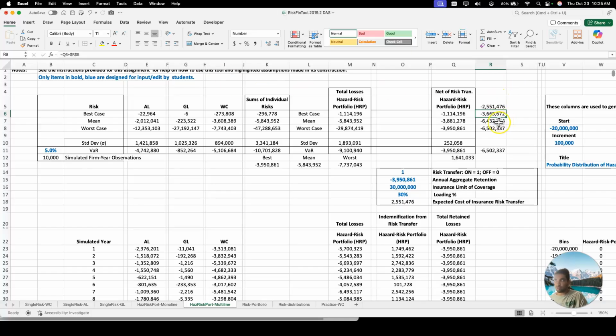Because it's a cost to the firm, you are adding negative 2.55 million to each of these net of risk transfer numbers. And you can see that there's a big difference between these numbers.